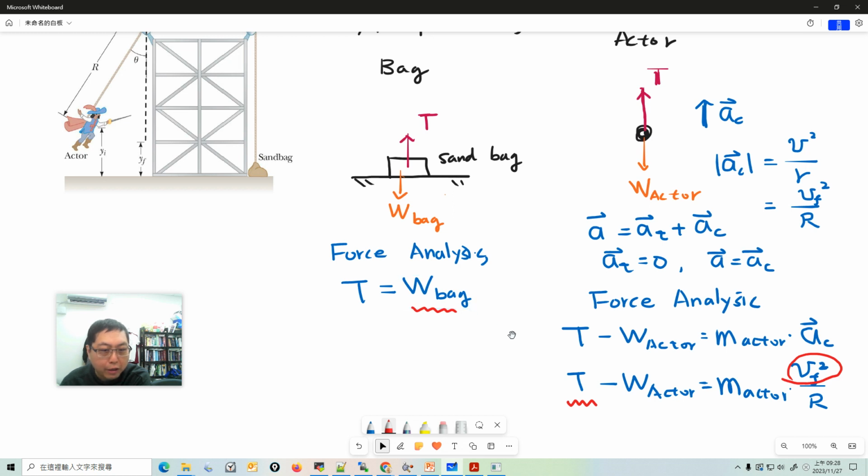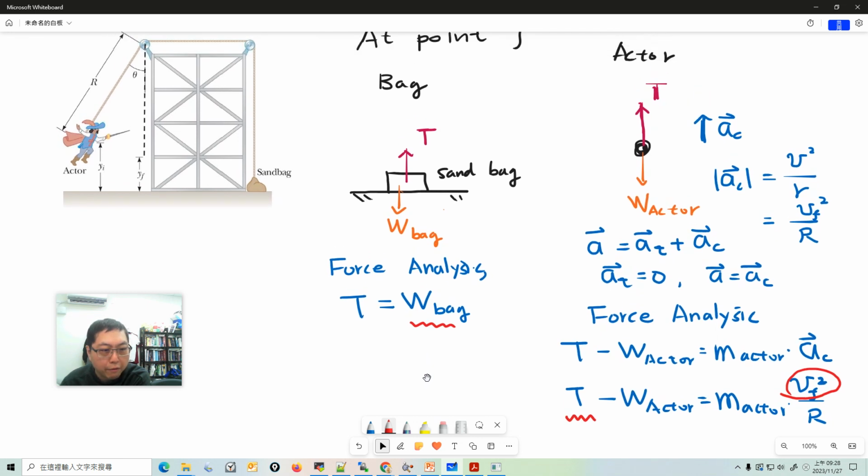That's why the velocity at point F is very critical in deciding whether you can pull this sandbag up or not.